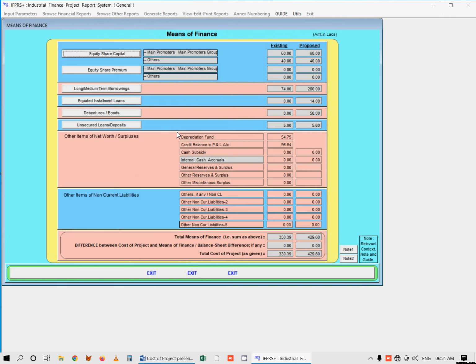The third part of means of finance is miscellaneous and residual items. Importantly, you could find here that many other user-defined items are given for reserves and surpluses such as subsidy, general reserve, miscellaneous surplus, etc. And as well for 5 types of other non-current liabilities.